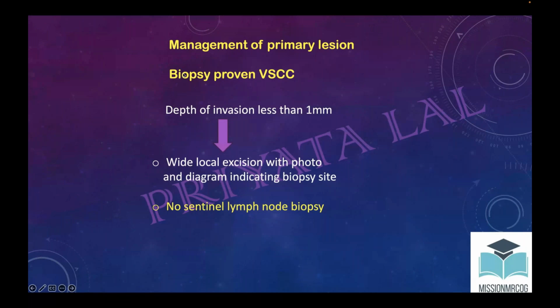Now if a biopsy-proven lesion is there, in the biopsy, as we just discussed, they want us to comment on the depth of invasion. If it is less than 1 mm, that means it is stage 1A.